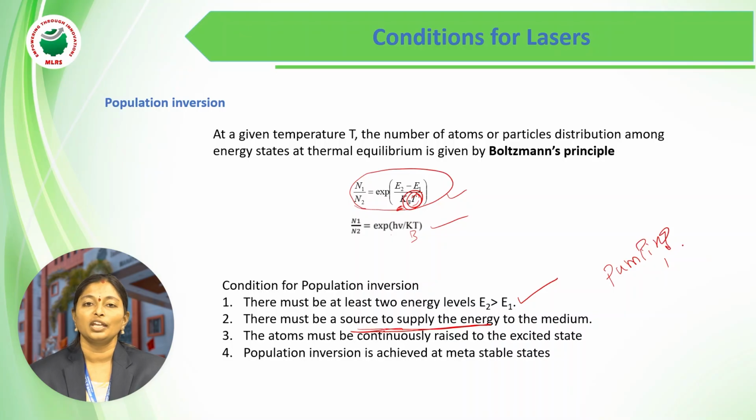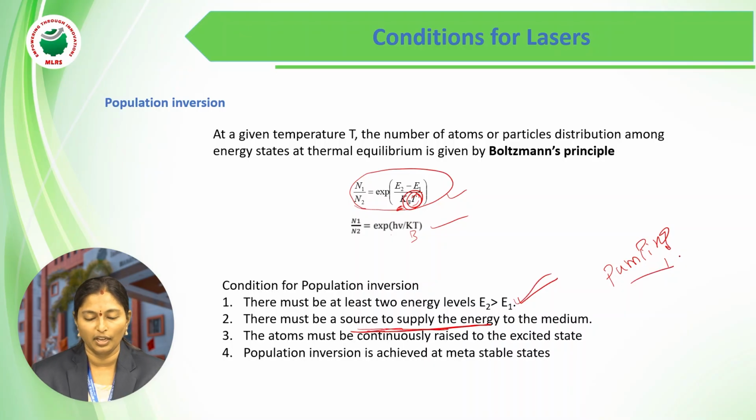Pumping means we are giving different forms of energy to excite the atoms from the ground level to the higher energy level. So definitely we need 2 energy levels, and another one is pumping.